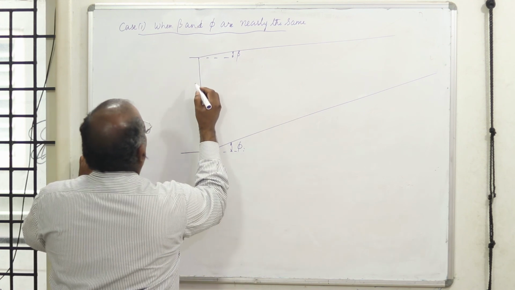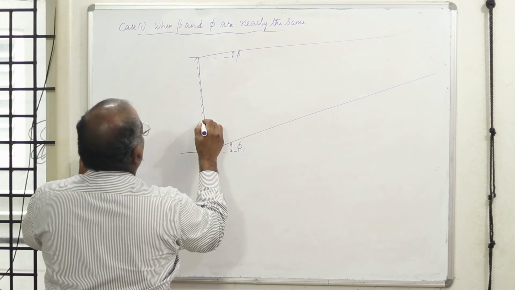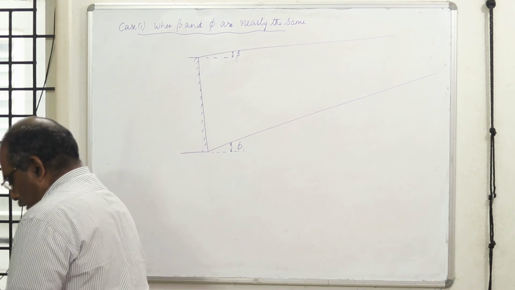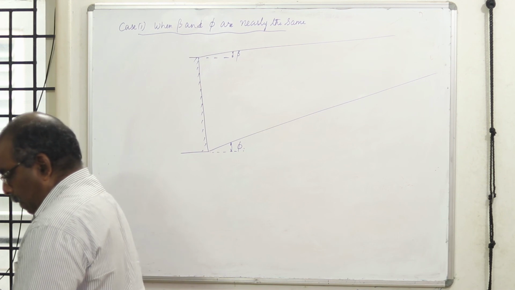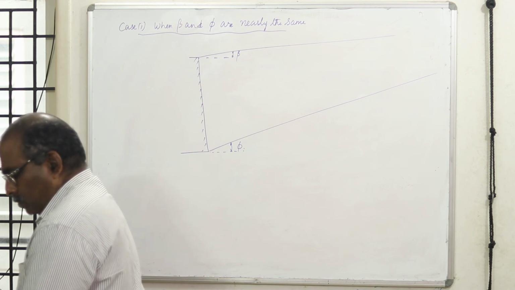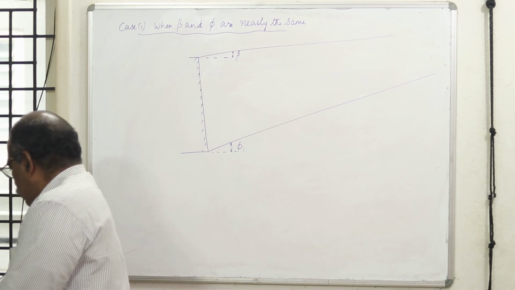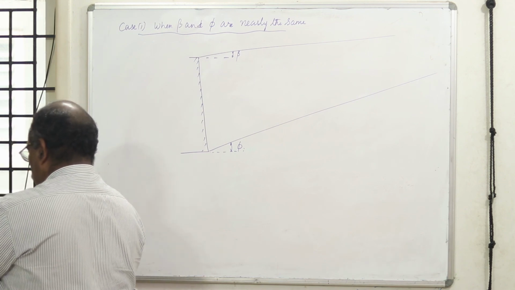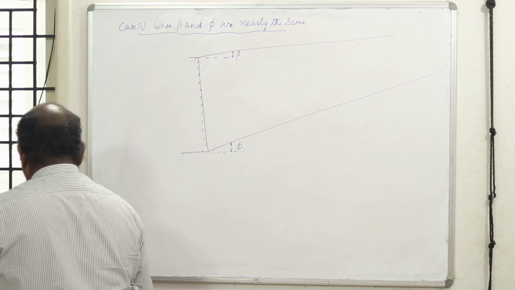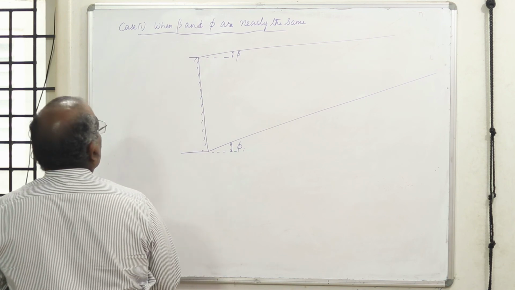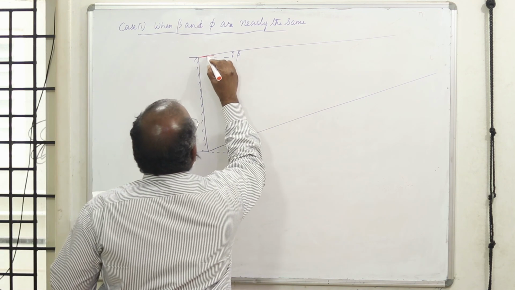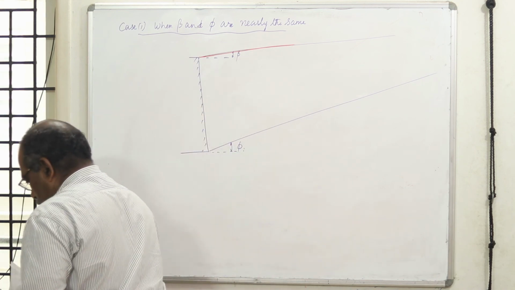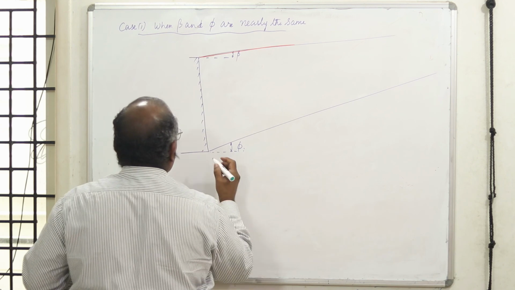Something of that sort. Now it's very difficult to construct. Therefore, the procedure is something similar, but we need to do some construction. I'll try to use certain colors so that it becomes easy for you to understand.